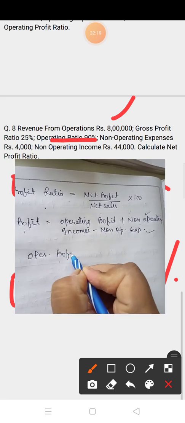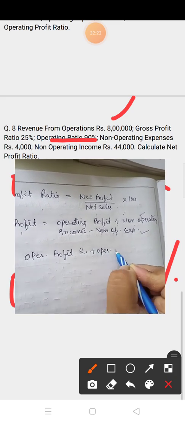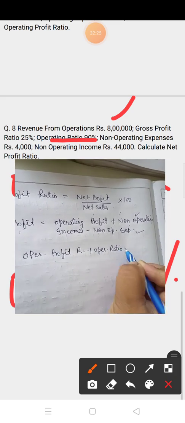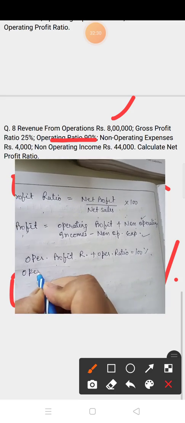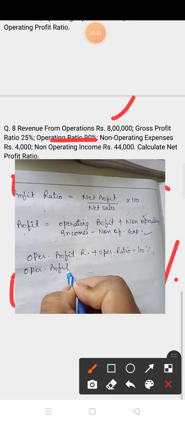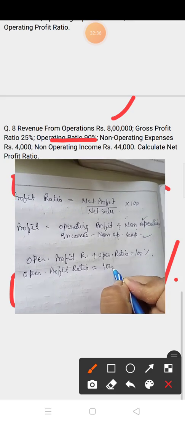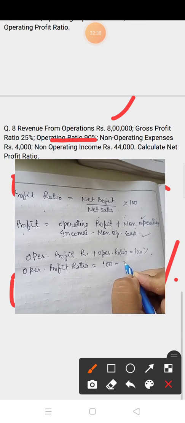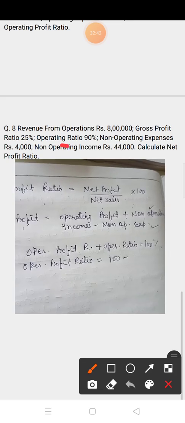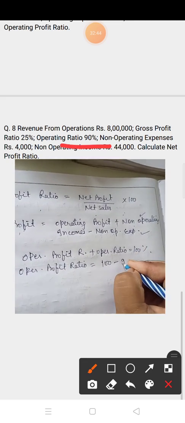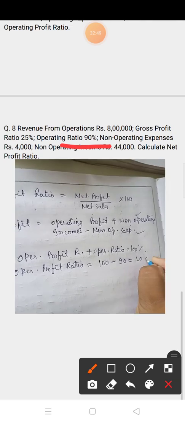Operating profit ratio plus operating ratio is equal to 100%. Now operating profit ratio is equal to 100 minus, what is the value of operating ratio? It is given, see, 90% is given, so deduct the 90%. So answer of operating profit ratio is 10%.